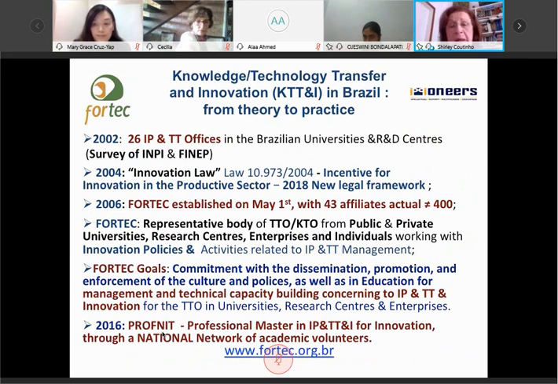Chronologically, in 2002, we started some kind of encouragement for technology transfer officers at universities and research centers. With the innovation law, all universities were obliged to have a TTO.